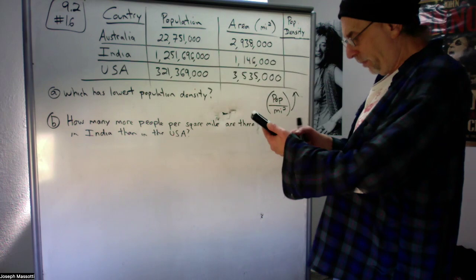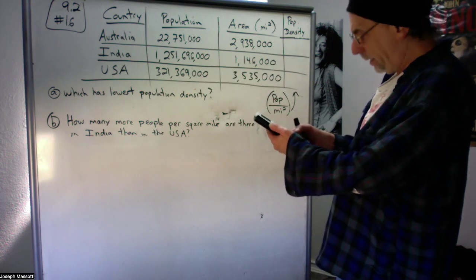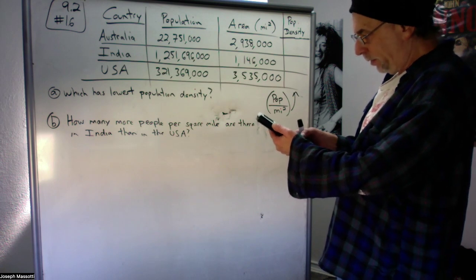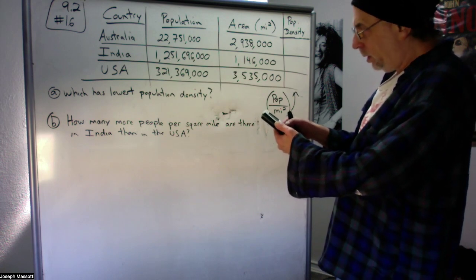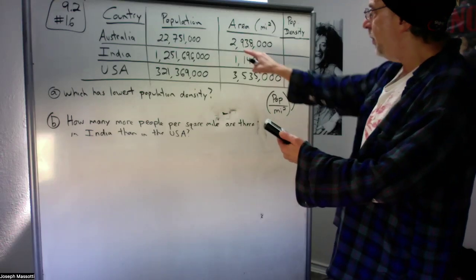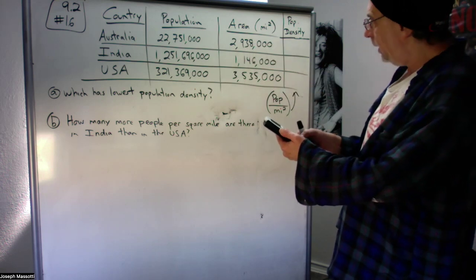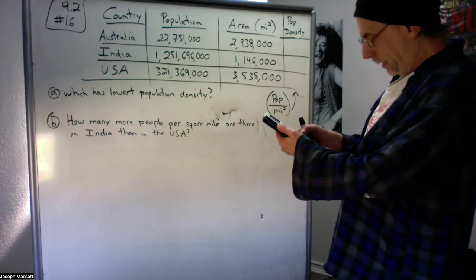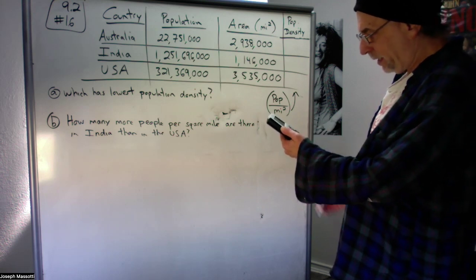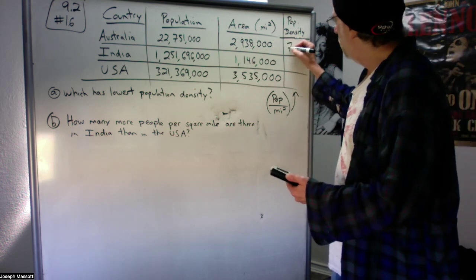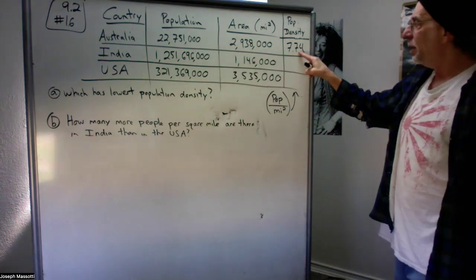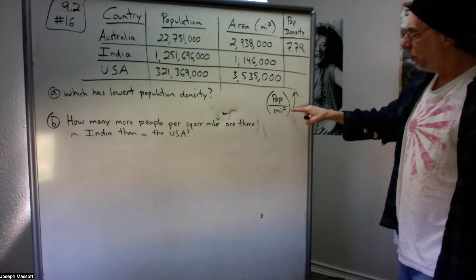So for Australia, we put in 22,751,000 for the population, and we divide that by the area, 2,938,000. We're going to end up with 7.74, again rounded to 2 decimals. So in Australia, there are almost 8 people per square mile.